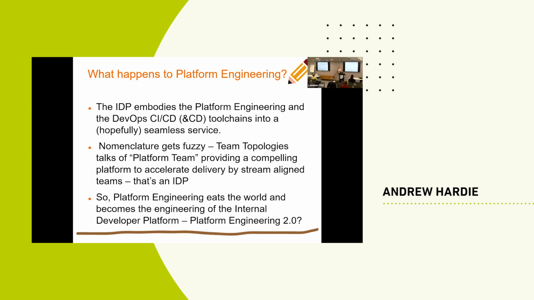It's clearly what it refers to or what satisfies that requirement. So platform engineering has eaten the world because it's now become bigger than the DevOps bit, because creating the infrastructure and getting rid of it and all that kind of thing is more important. And it comes to the engineering of the internal developer platform. So we need a new job title. Dev platform engineering 2.0, have an IDP engineer or what.